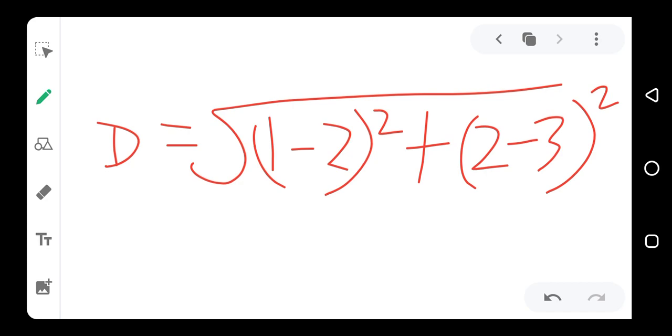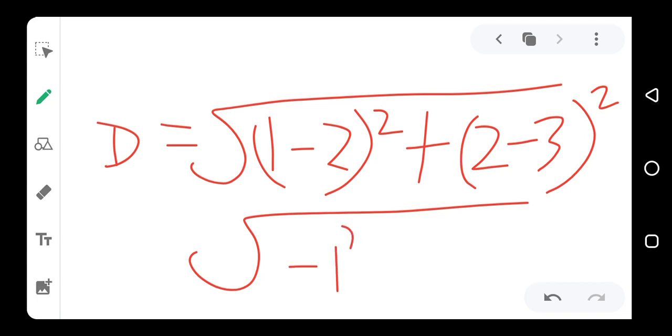That is now the root of 1 minus 2, which is minus 1, minus 1 squared, plus 2 minus 3, which is minus 1 again, minus 1 squared.